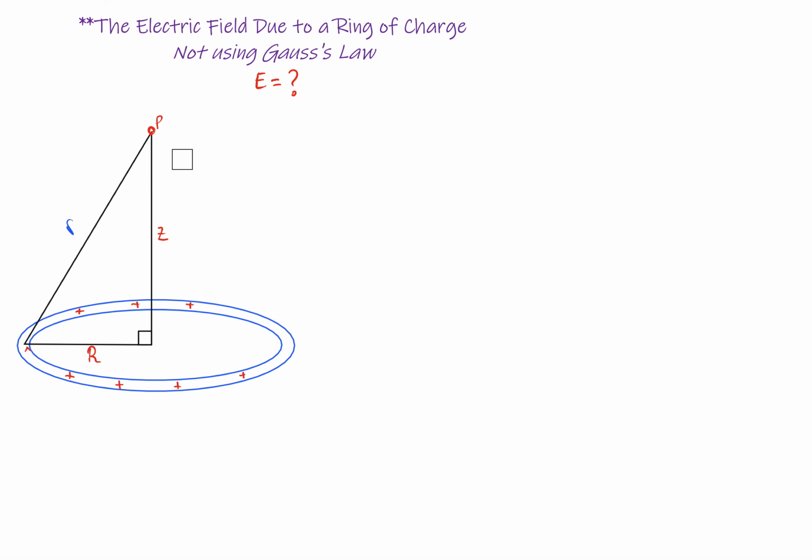First things first, we have to draw the direction of the field at this point. We know that the field due to any of these tiny little charges all around here would be pointing in a straight line away from that charge. So I might have one here, one from this side pointing up, all around pointing in different directions.